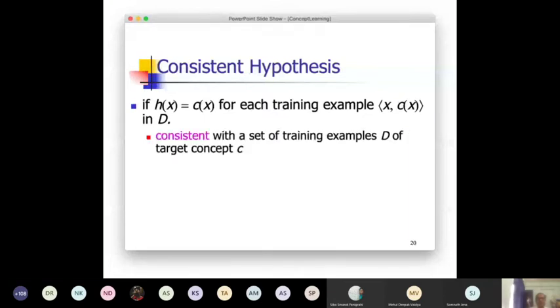So, consistent with a set of training examples D and a target concept c, this is how a consistent hypothesis is defined. We should note that this consistency is with respect to a specific set of training examples.